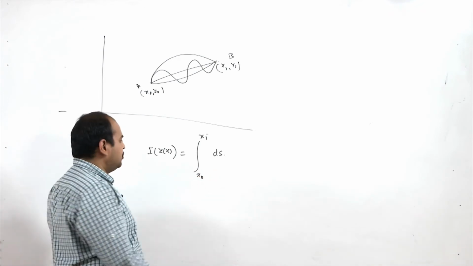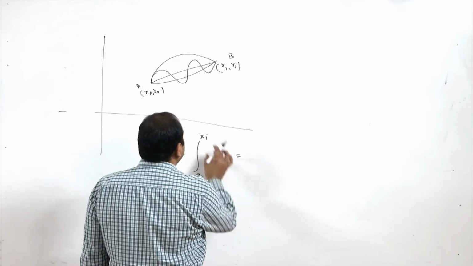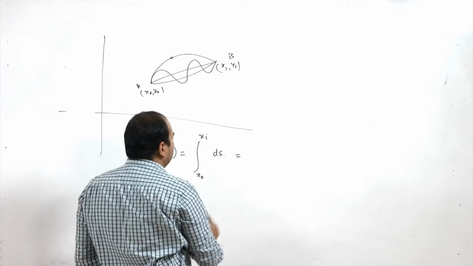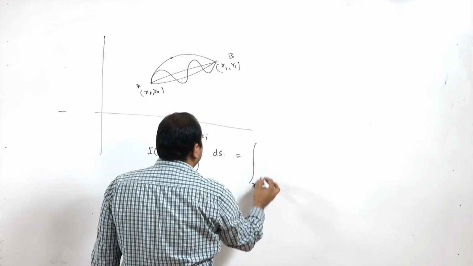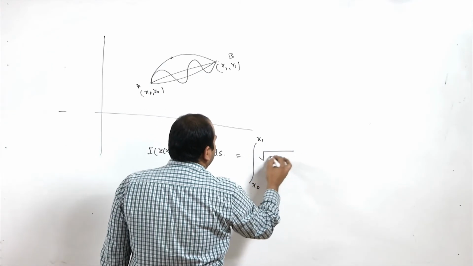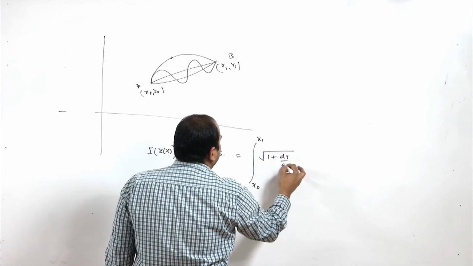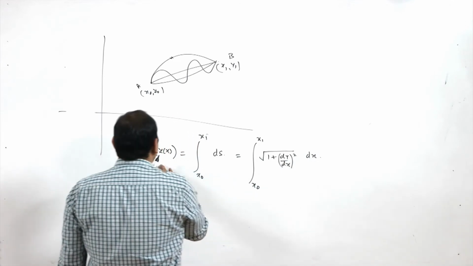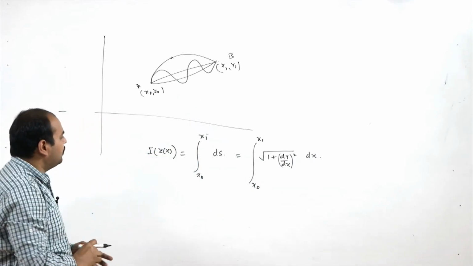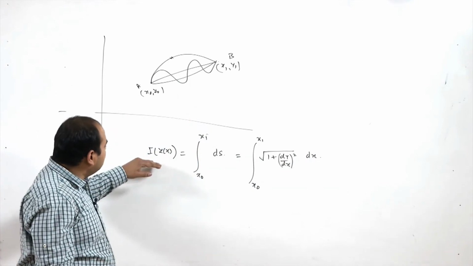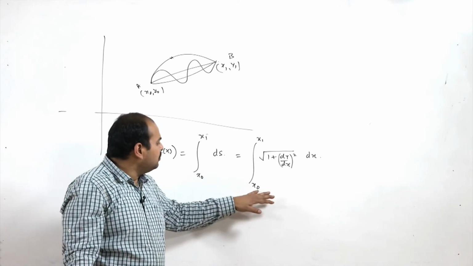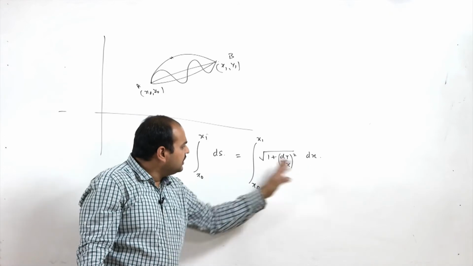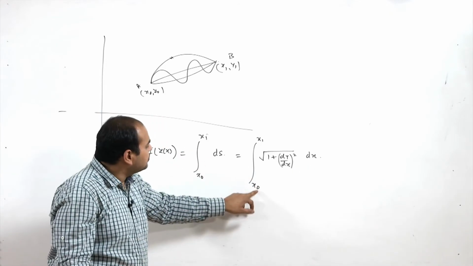So here ds is the length element, and we can write the length as the integral from x0 to x1 of root of 1 plus (dy by dx) whole square dx. So in this case your functional is to minimize the length of the curve joining the points x0 and x1.